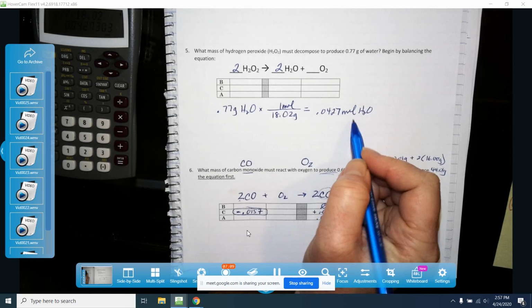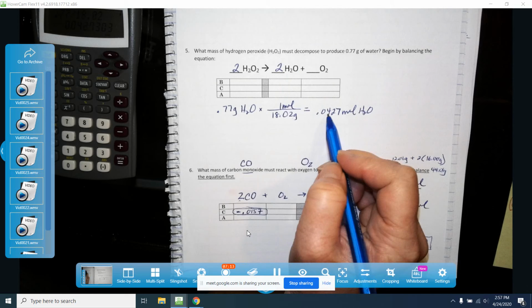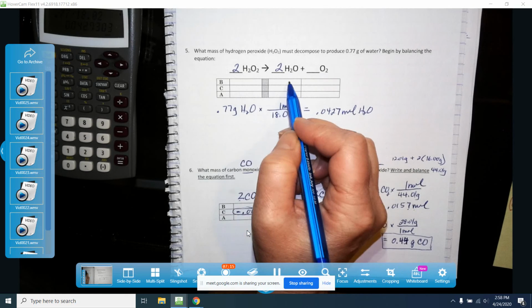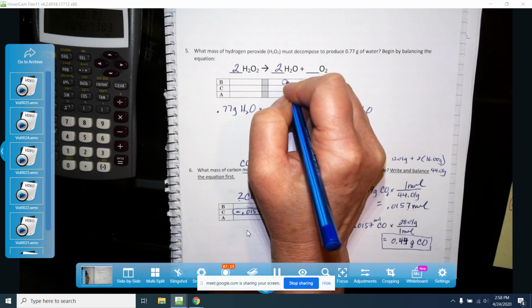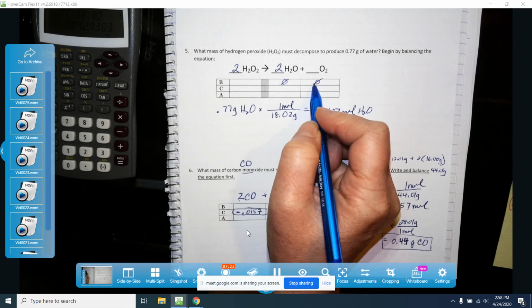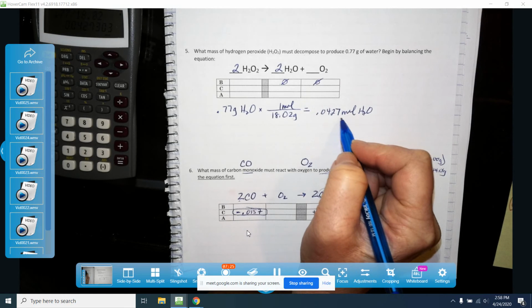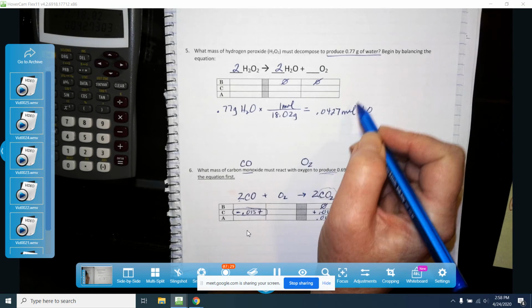All right, so where do I put this? Here's my H2O, but I'm not going to put it here, because in the before row, we are saying this is before the reaction happens, so these have to be zeros. So then what is this? This is what you're making, right? You're producing this water.